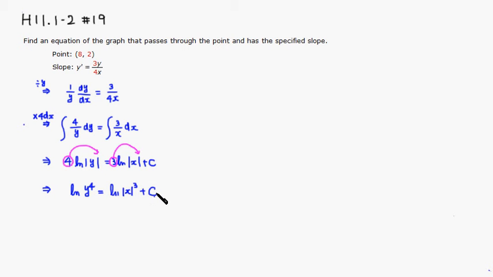Now we can find c by plugging in x equals 8 and y equals 2.